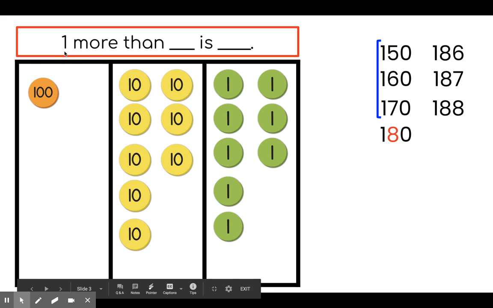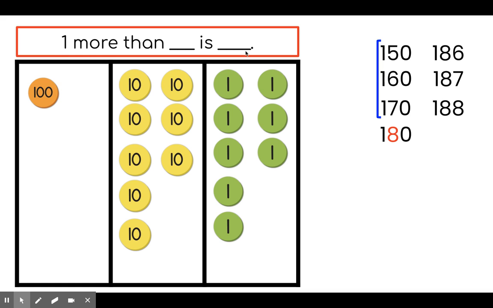Using this sentence, 1 more than blank is blank, I can plug in 187 and 188. Listen closely. 1 more than 187 is 188. Do you notice something interesting about these numbers?